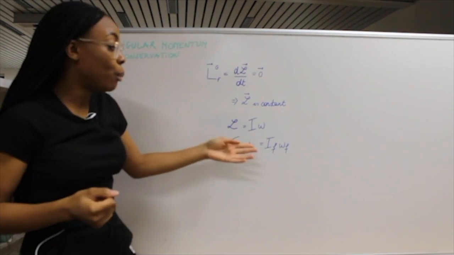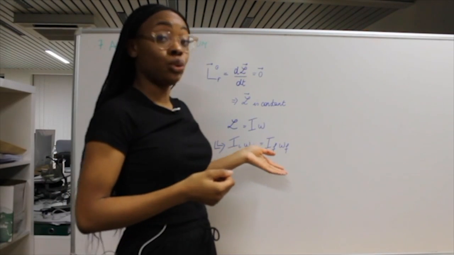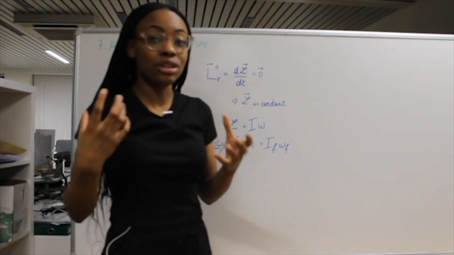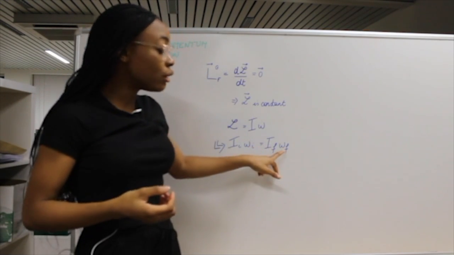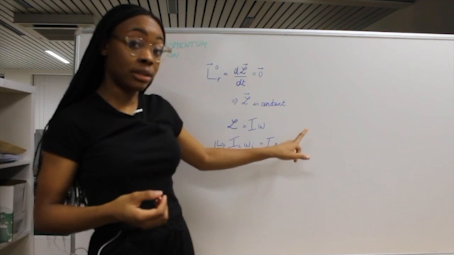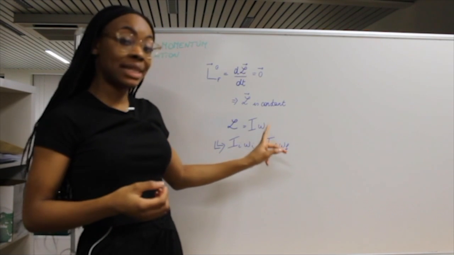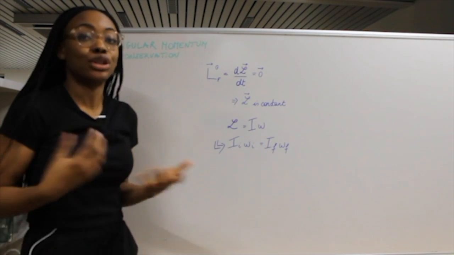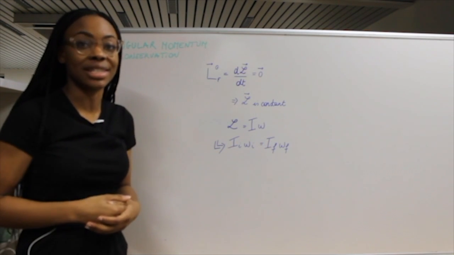When Lucy pulls her arms in, her mass distribution is going to change, it's going to be smaller, and therefore, her moment of inertia is going to decrease. Since the total angular momentum of the system has to remain constant, the angular velocity is going to increase in order to compensate the change in moment of inertia. And therefore, the total angular momentum remains constant.